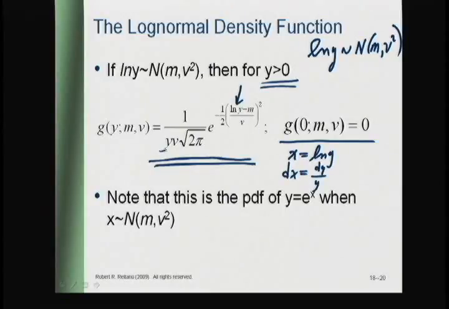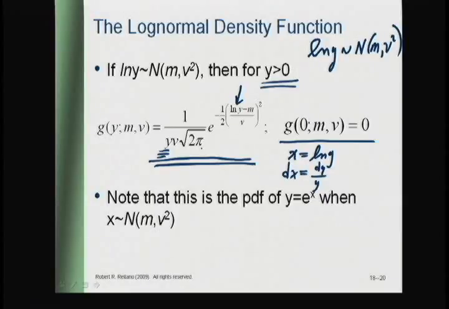So this term here, which you wouldn't see in the normal distribution, where you would see the standard deviation and the square root of 2 pi, you see a y here, and that y simply is because of the functional form of the variable being the log of y. So if I make a substitution into this function, namely let x be the log of y, dx is dy over y, this just transforms this into the original normal distribution.